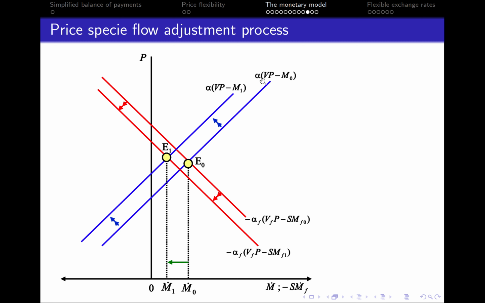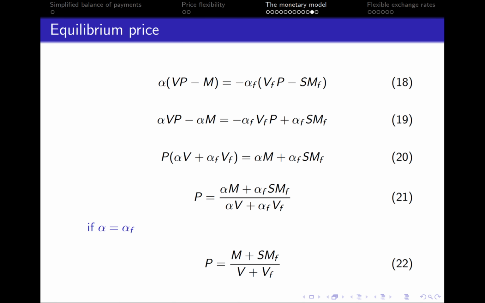If alpha f is higher than alpha, it's going to decrease, but if the two are equal to each other, the price level is going to stay exactly the same. Look, we can see that by calculating the equilibrium price. How do we do it? Look, we simply equalize domestic hoarding and foreign dishoarding.